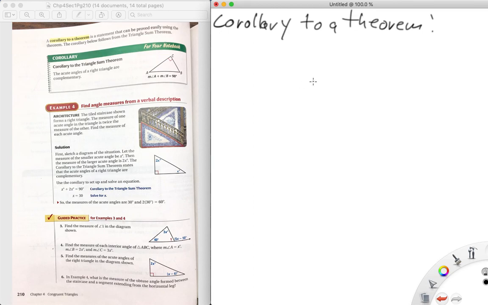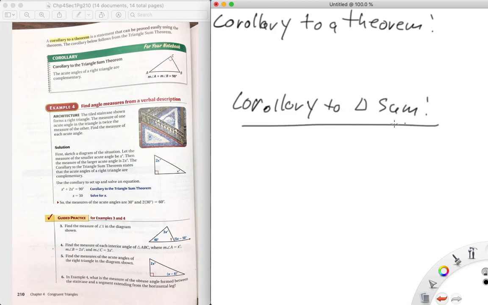We could have added something in there like, let's say one of the angles is equal to 90 degrees, and we can prove that the other two are complementary to it.